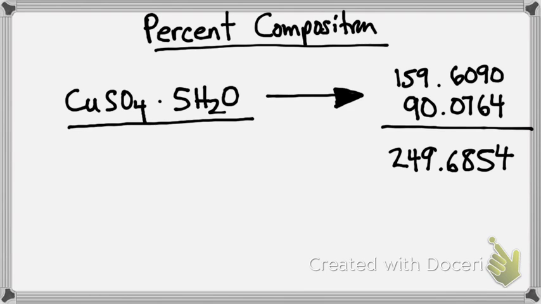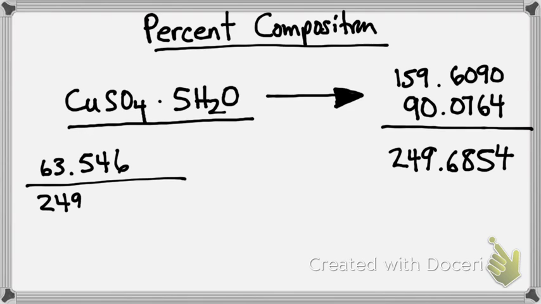Now what we want to do with this value is to, for example, let's take copper as an example. Copper has a mass of 63.546, and we'll divide that by the mass of the entire compound, 249.6854.